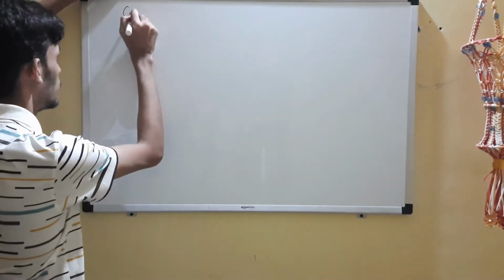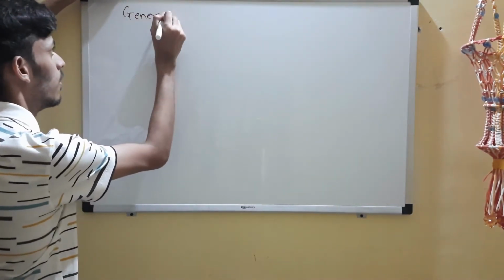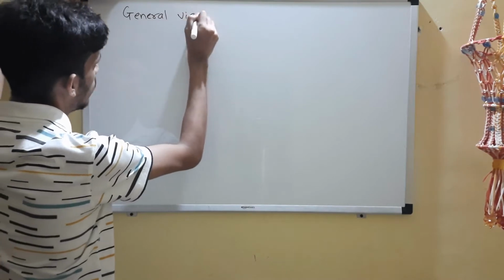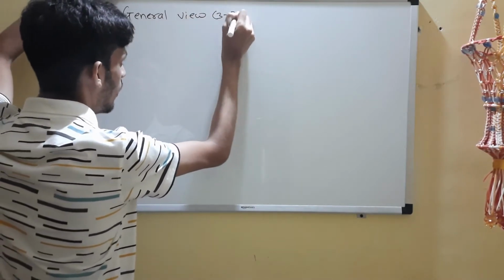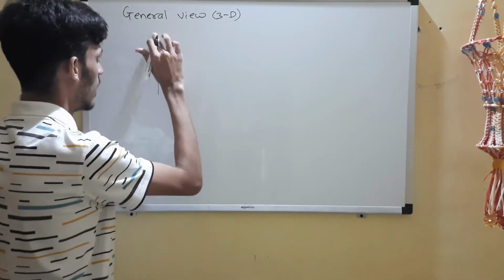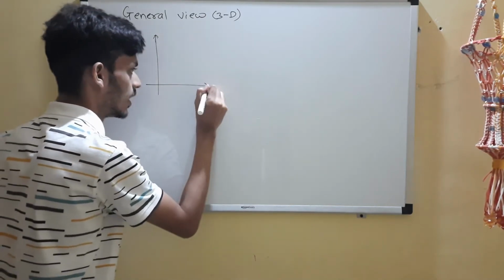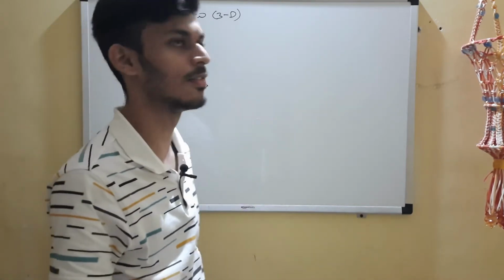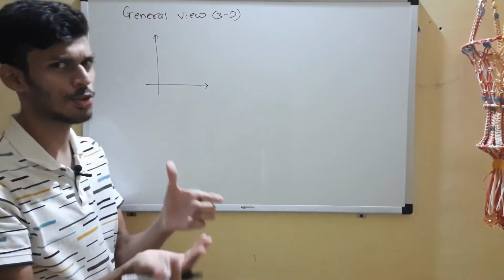Now let's choose a general view in which we'll have the 3 axes x, y, z, and we will derive certain results using which we can represent a vector in its component form.